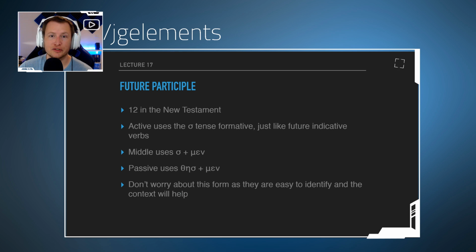The sigma tense formative tells you it's future, right? The participles use that too if it's active. If it's middle, it still uses men in the middle. That doesn't change. If it's passive, it will change the sigma tense formative to thes, just like in the future indicative. So don't worry about this form as they are easy to identify and the context will help. Okay, so I digress. You don't need to memorize them.